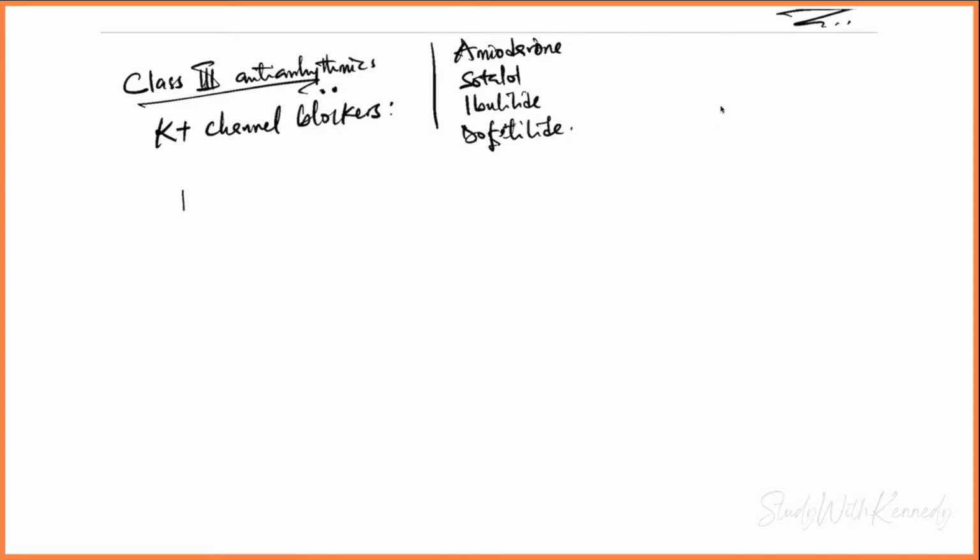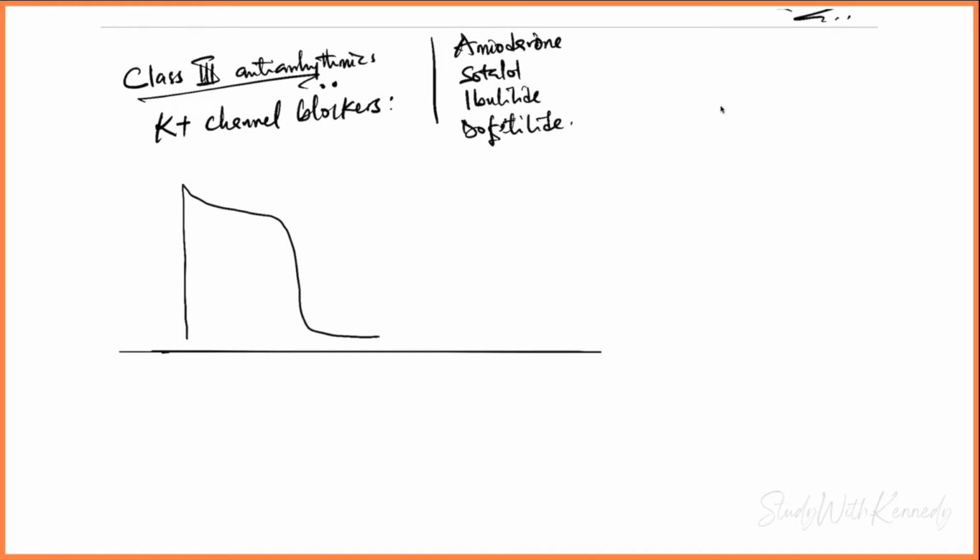So if I drew the myocardial action potential graph, where do you think these medications are going to function? What part of this graph do you think these medications are going to work on? Is it on phase 4, phase 0, phase 1, phase 2, phase 3, or back to phase 4?